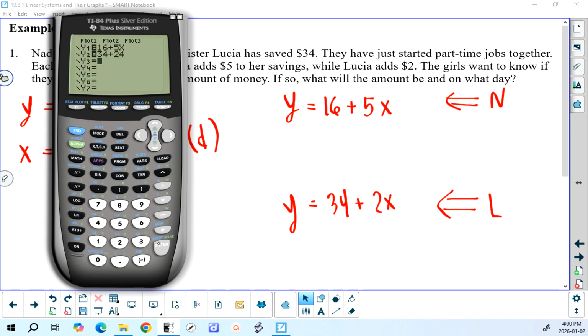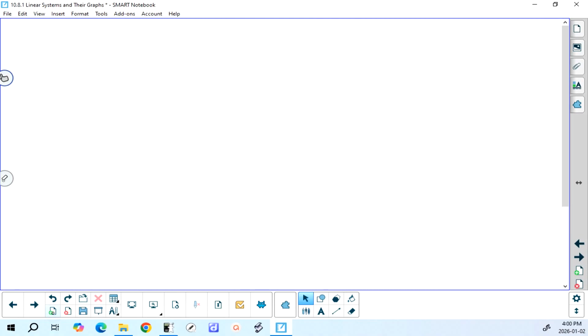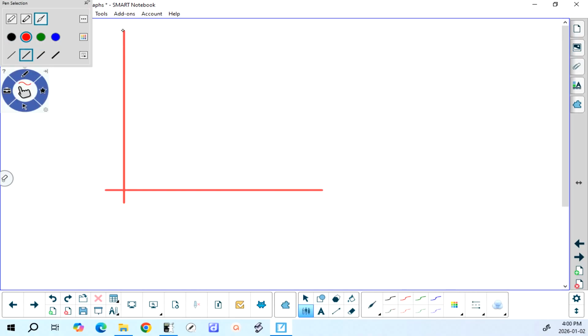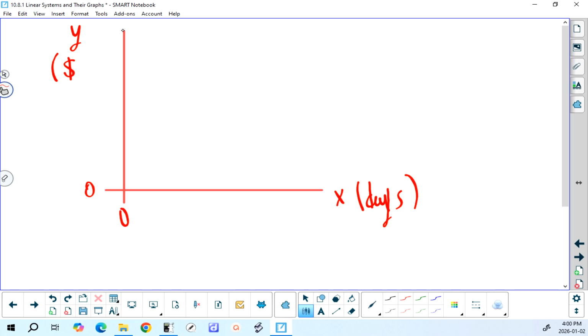Now, before we go into any kind of graphing viewpoint here, you need to understand that in this particular context, in this question, we're going to be graphing something where x is the number of days and y is essentially an amount of money, which means that we're going to start at 0 horizontally and vertically.